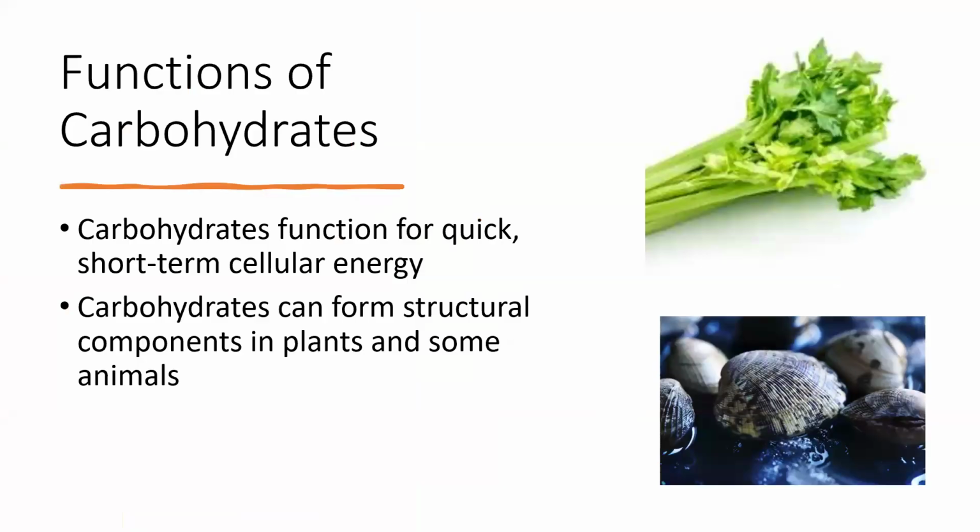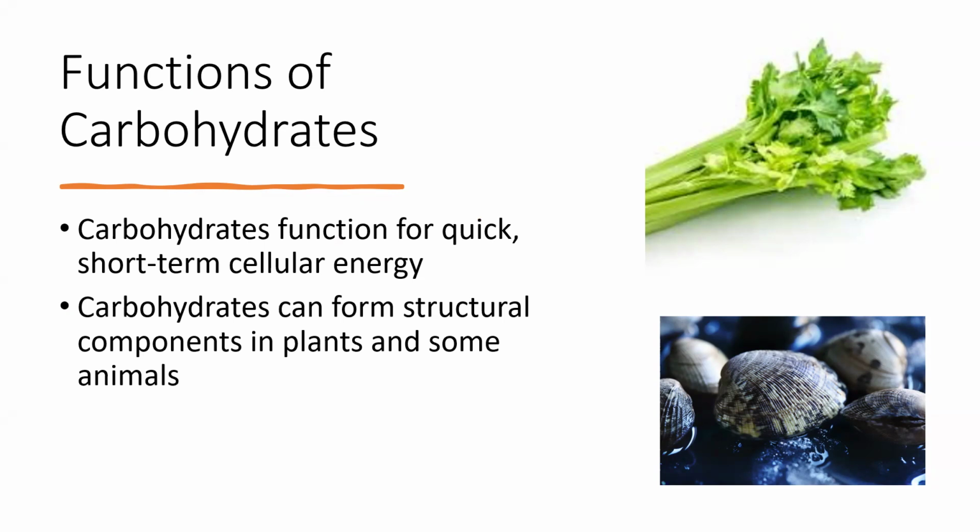What do we need carbohydrates for? Depending on the organism we're talking about, they are useful for various reasons. For animals, including humans, we use them for quick, short-term cellular energy. You can burn the glucose in the cell, and that creates energy that will power your bodily function.